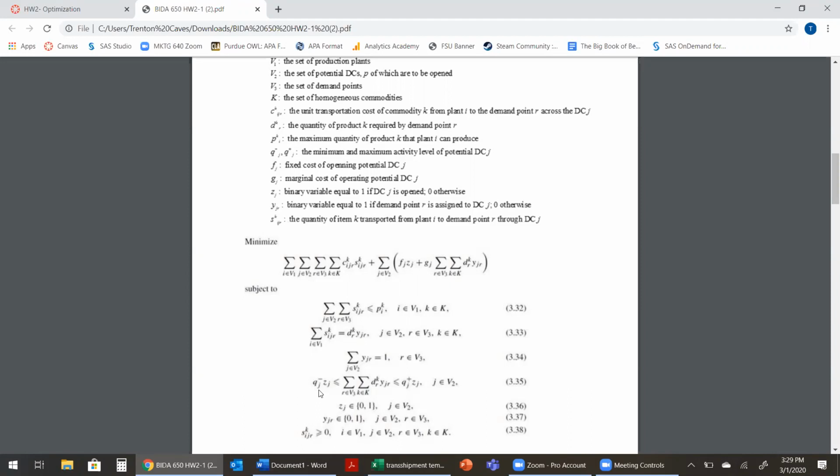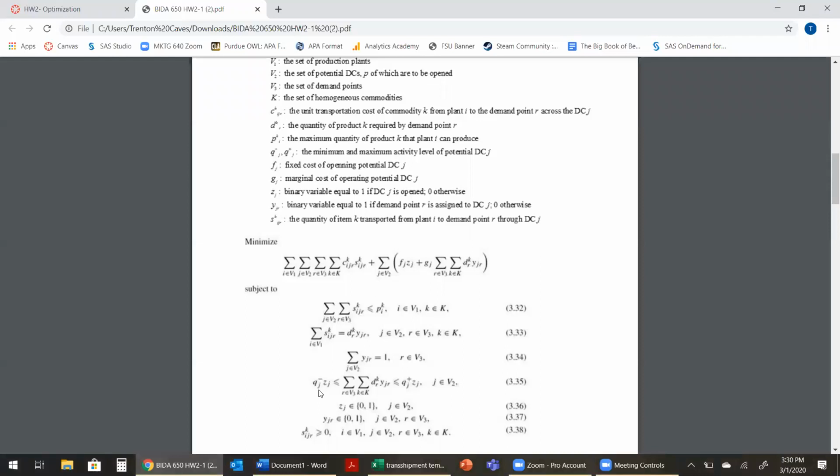In our notation, Q_j negative is the minimum activity level of distribution center j, and Q_j positive is the maximum activity level. d_kr is the quantity required by demand point r, and Y_jr is back to our binary 1 or 0 if the distribution center supplies the demand point.